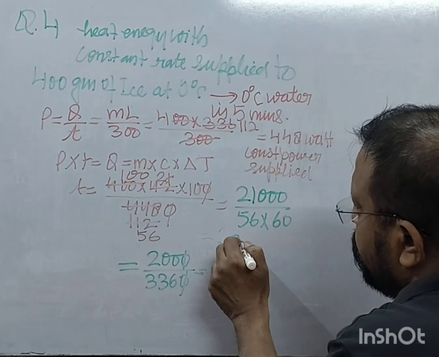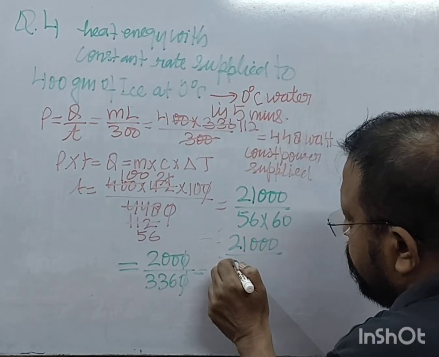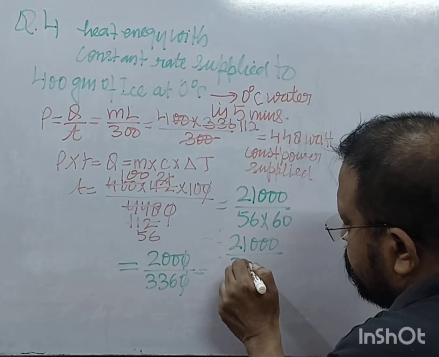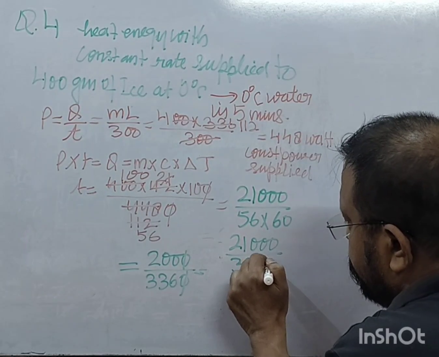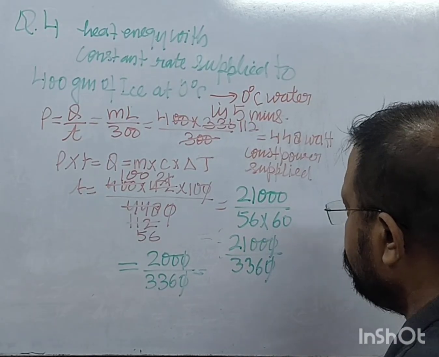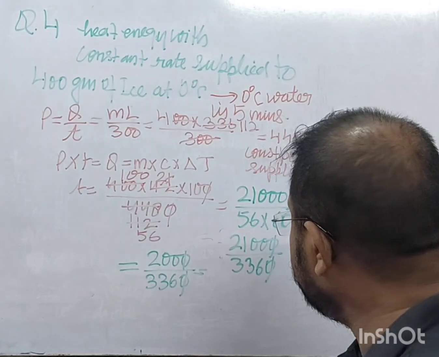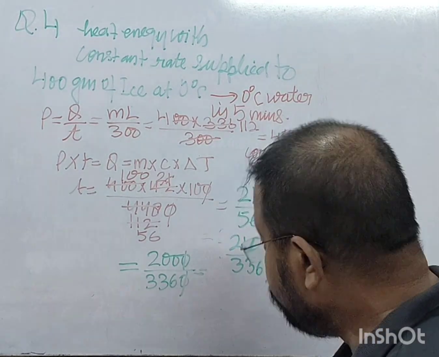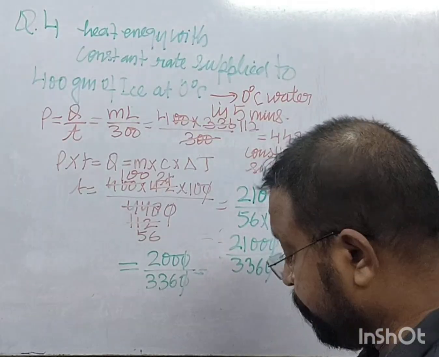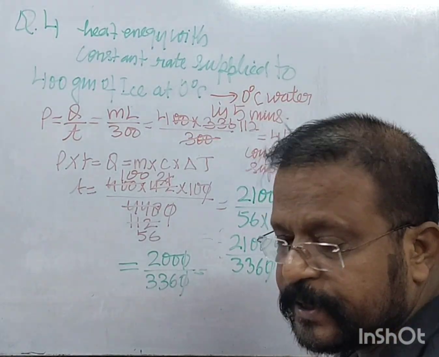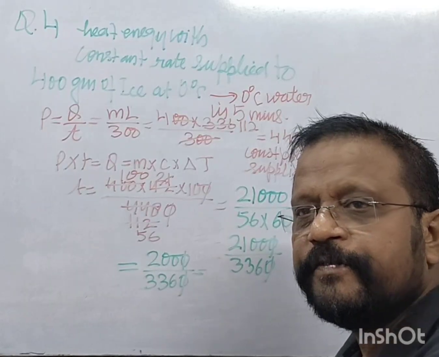So it is 21,000 divided by 3,360. When you divide this, then how much you will get? 2,100 divided by 336. It is 6.25, 6 minutes 25 seconds.